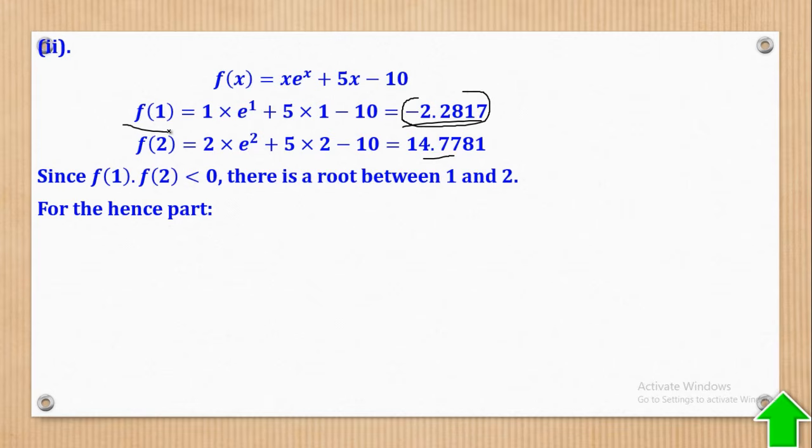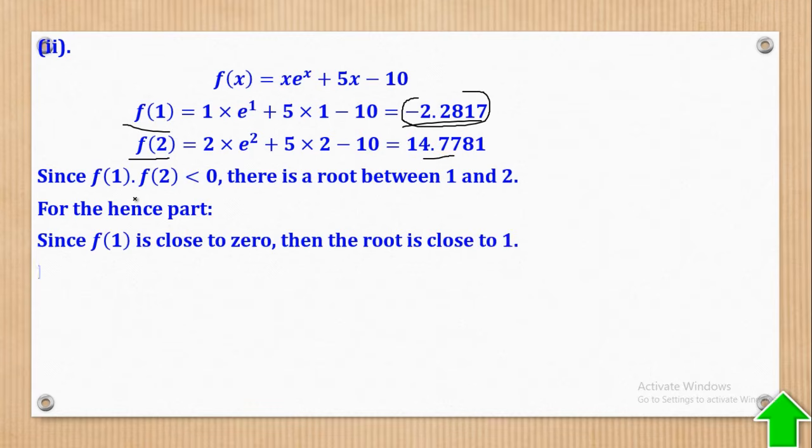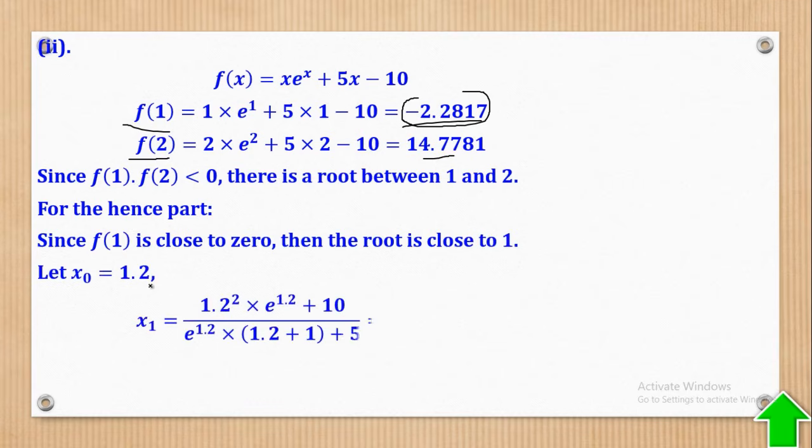So I can either use 1.1 or 1.2. If it was closer to x equal to 2, I would use 1.8 or 1.9. So in this case, I'll choose one of the two. So let me choose 1.2. If I choose 1.2, I'll substitute to come up with that value.